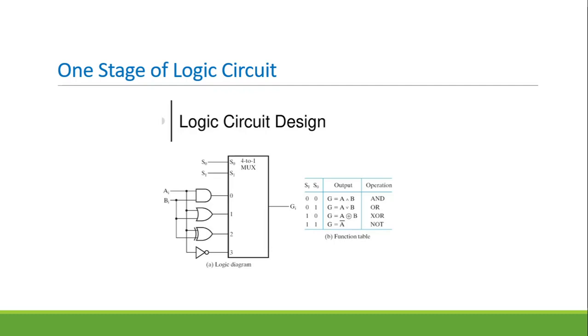Suppose the data of A was 0, 1, 1, 0, 1, 0, 1, 0, and suppose after masking the data is this. So A after masking will be 0, 1, 1, 0, 0, 0, 0, 0. So this is after masking.